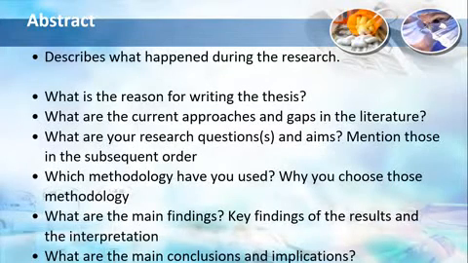Next, the main findings: we need to provide the main findings of the research when we report at the end of our research. However, if this is a research proposal, we don't have to put in the main findings because we haven't done our research yet.